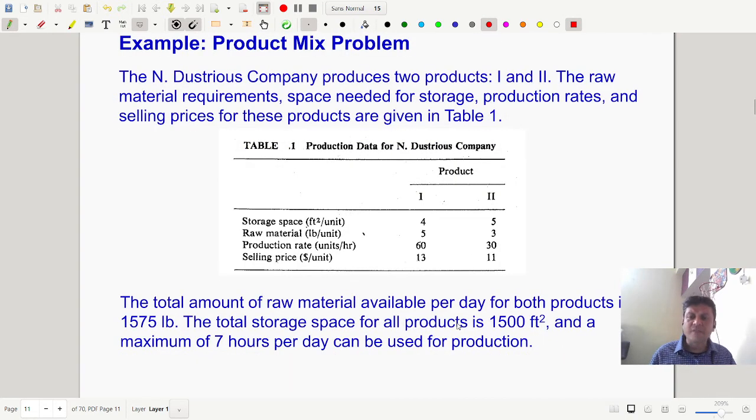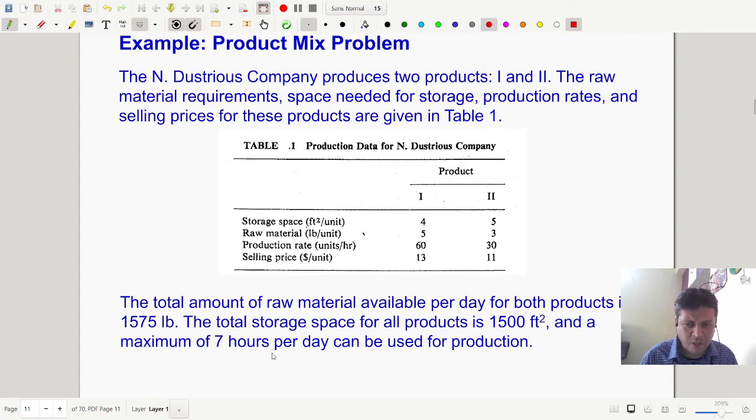Now also it is given in the problem, the total amount of raw material available per day for both products is 1575 pounds. And the total storage space for all products is 1500 square feet.